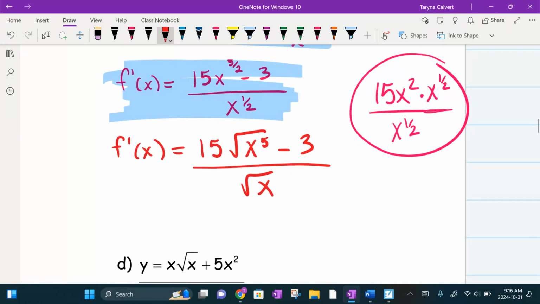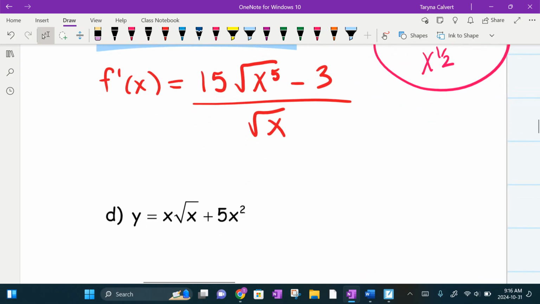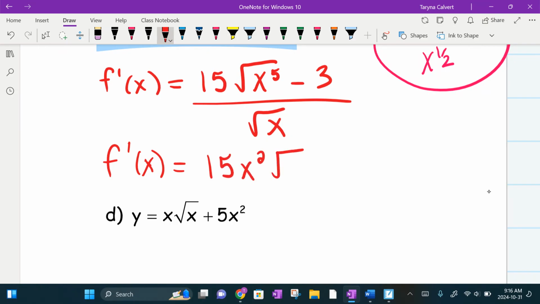I don't know what you're saying. Oh, so you're saying rationalize? Mm-hmm. So you could do that. This is what I was thinking. I'm going to do that as well. So this is the same thing. Is that the same thing?